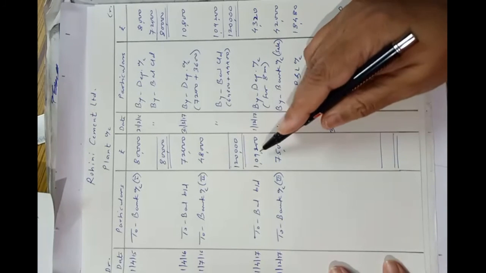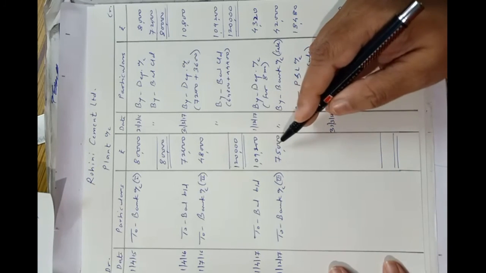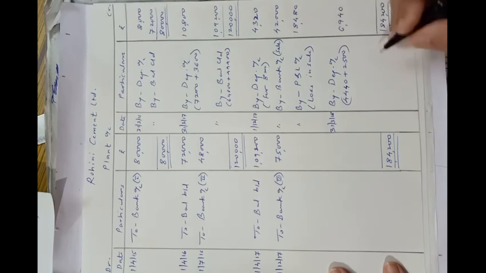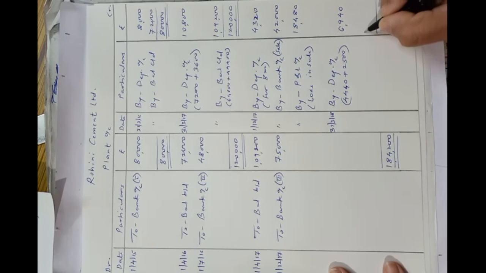Debit total is 1,84,200. We have to deduct the total of these 4 amounts from 1,84,200, and so the balance is 1,12,460.